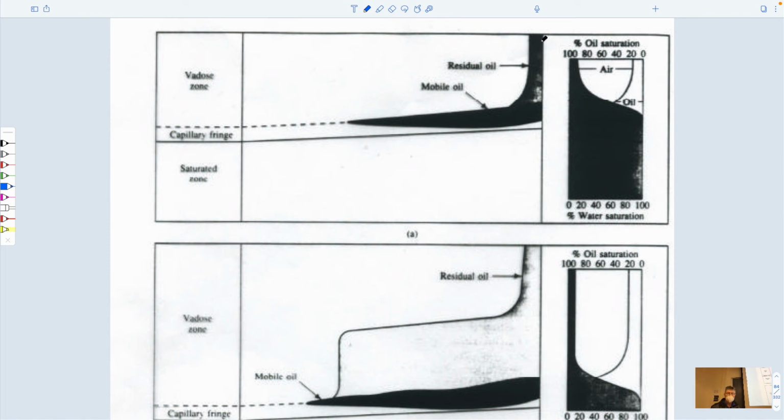There's a chimney of smear, if you like, of gasoline, and that gasoline sits on top of water, which is the dark gray portion here. And so this is buoyed up, of course, by the water table. And if you assume that the water table doesn't move, then it just stays there forever.